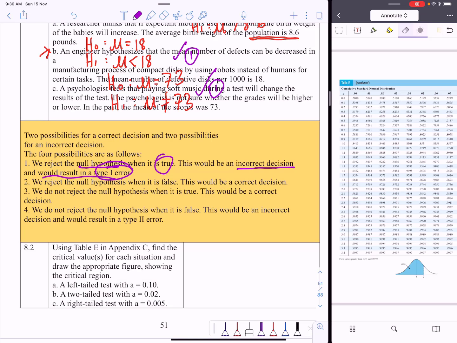Second, we reject the null hypothesis when it is false. This will be a correct decision.